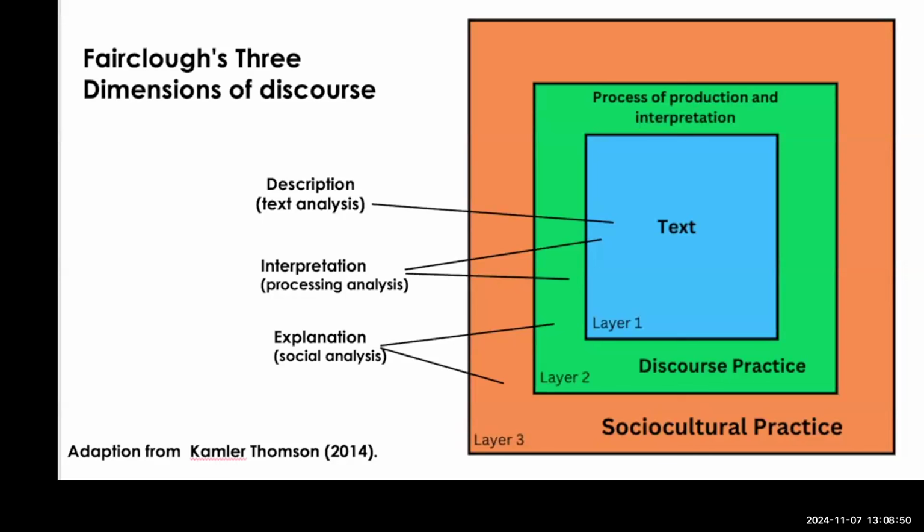And then you have a wider socio-cultural practice, which looks at your writing from that standpoint. So when we write, we are writing from a formal or informal standpoint, and it's connected with social structures. For social structures, it's a discourse. So it's part of a social practice.